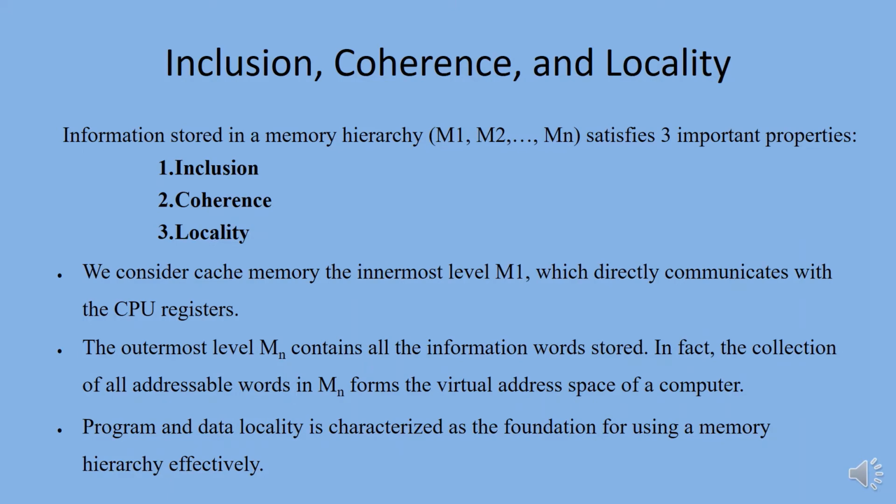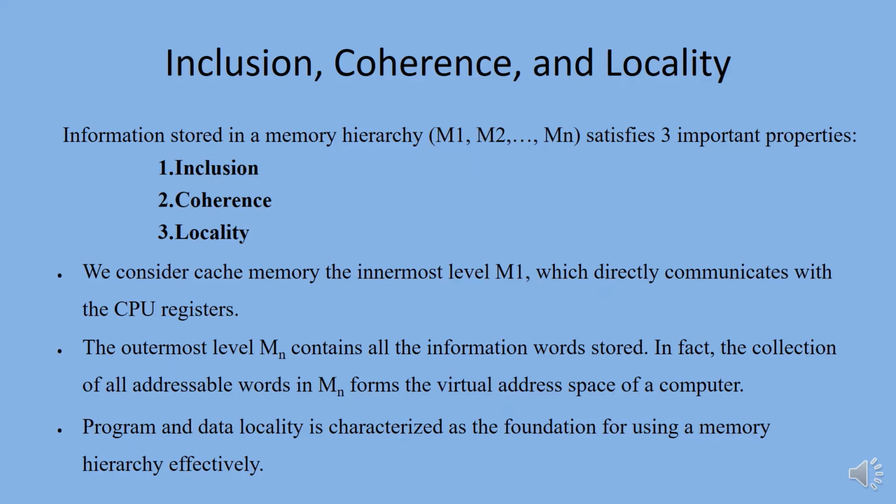Inclusion, coherence, and locality. Information stored in a memory hierarchy M1 up to Mn satisfies three important properties. One is inclusion, the second is coherence, and the third is locality. We consider cache memory the innermost level M1, which directly communicates with the CPU registers.